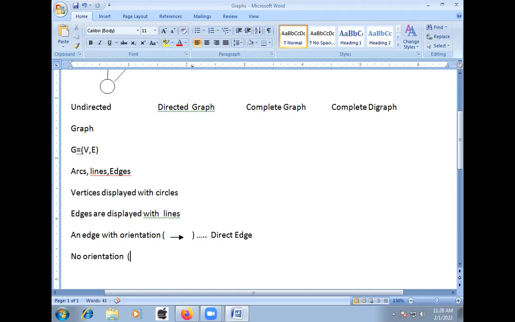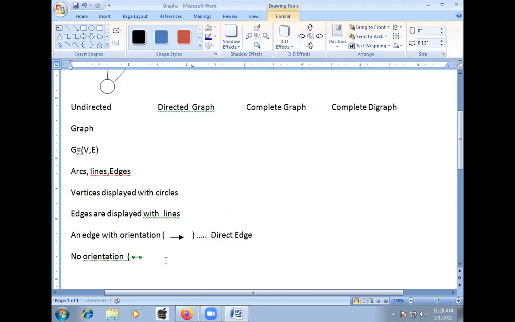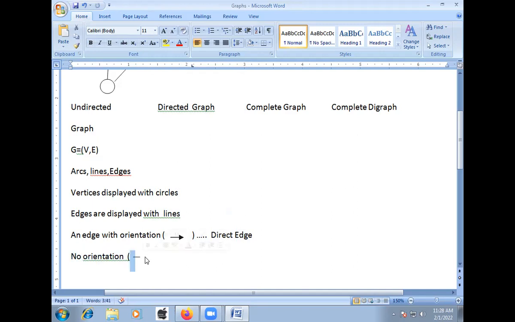Next, an edge with no orientation, representation like this one. This is no orientation, not like the directed one, simply this is no orientation. This is called an undirected edge.